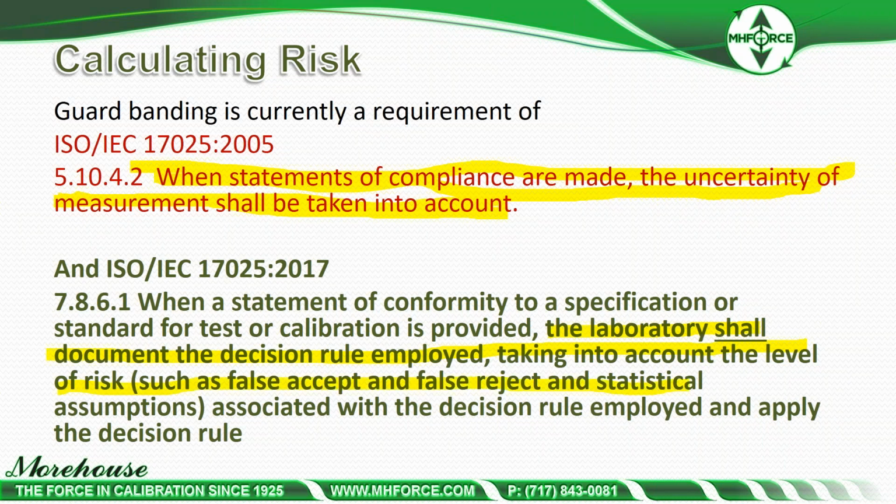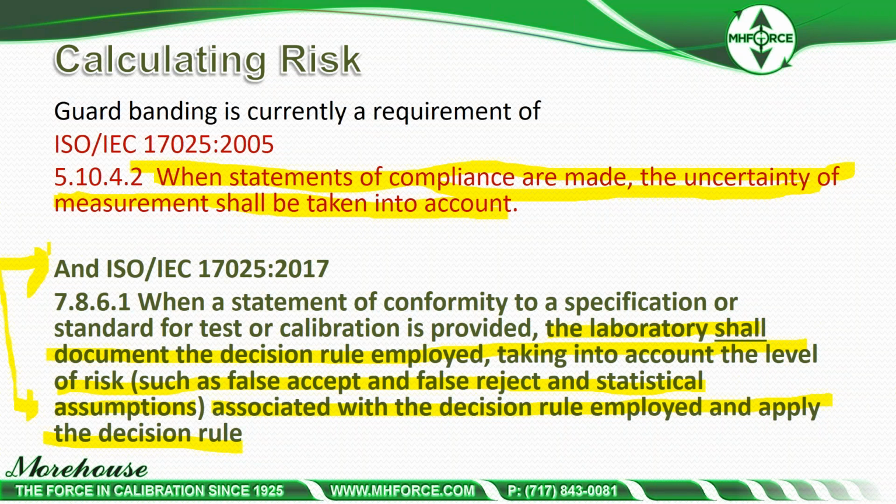and the associated rule, and apply the decision rule. So this is no longer vague. This is very straightforward, and you're going to be reporting the probability of false accept. And if you're a lab, the other thing we haven't really talked about is the probability of false reject, which means you're saying an instrument's bad when it's actually good, so you're adjusting it on the lab side.